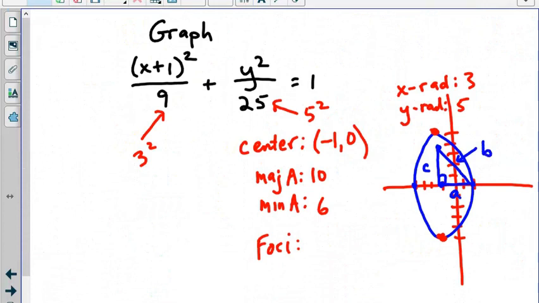And remember that b is equivalent to the length of the semi-major axis. So miraculously, that ends up working out. So since b was 5, 5 squared is going to equal, I'm sorry.